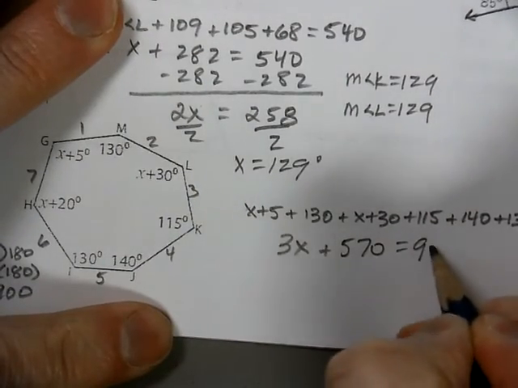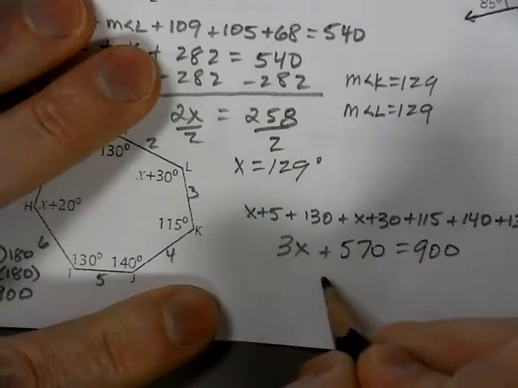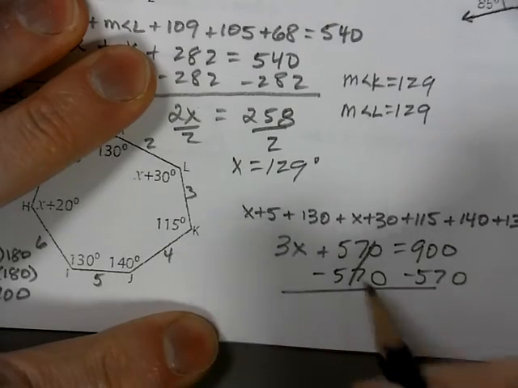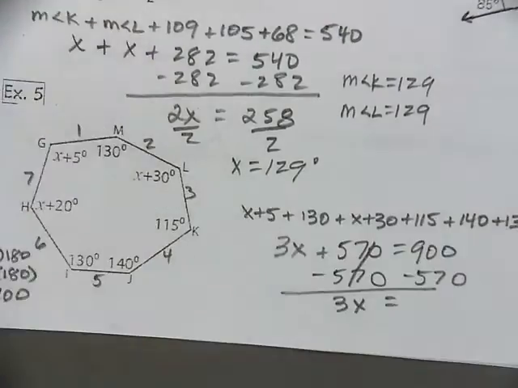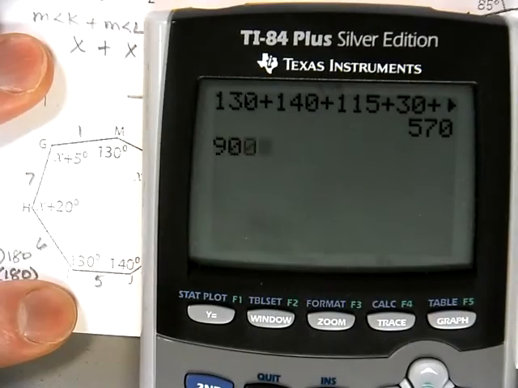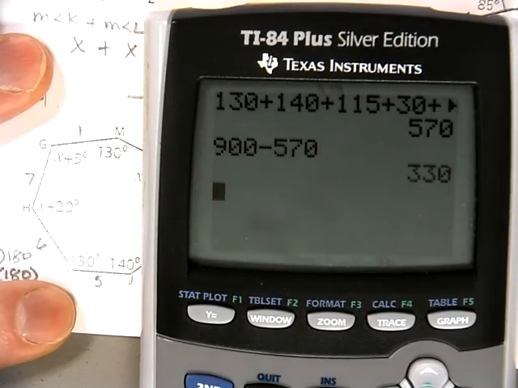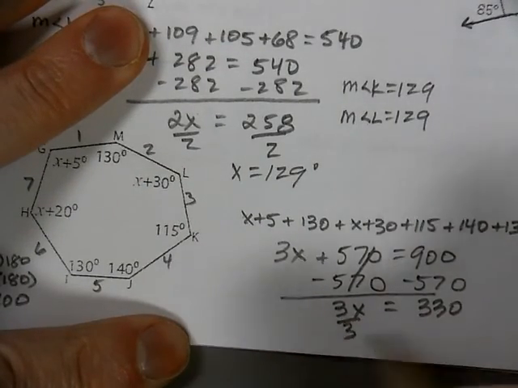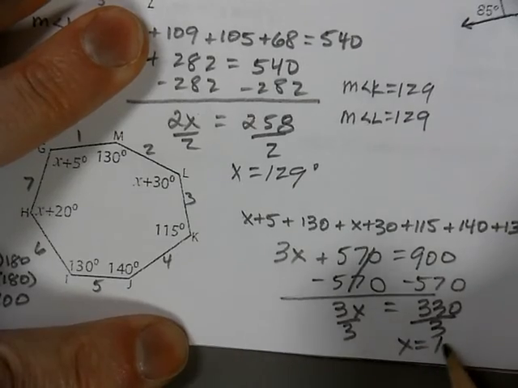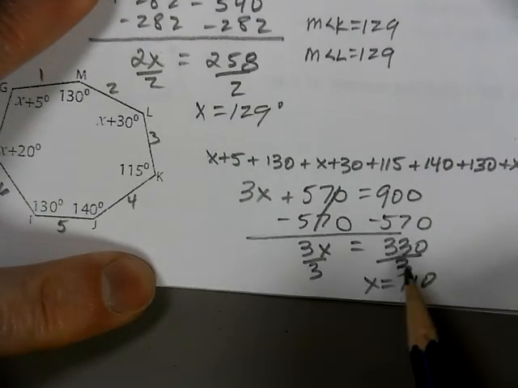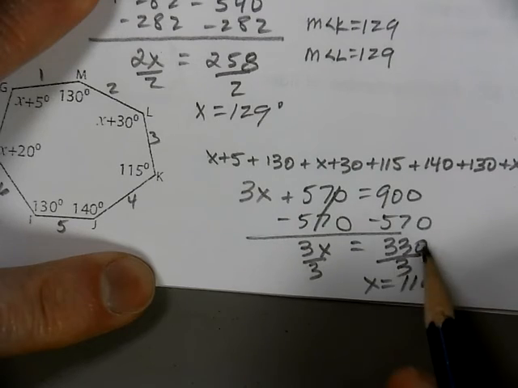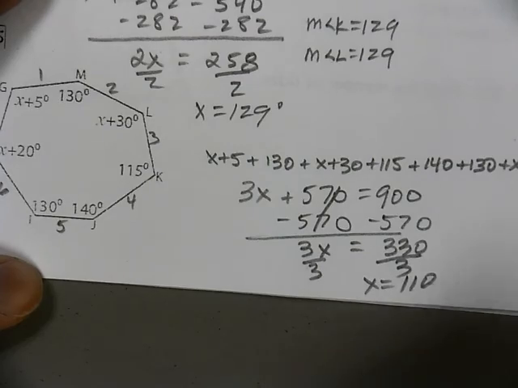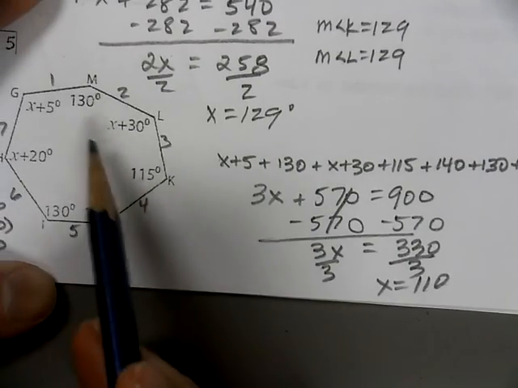Now we have collected all our like terms. So we're going to subtract the 570. We can take 900 and subtract our 570. We get 330. And by dividing by 3, we get 110. 3 goes into 3 once, 3 goes into 3 once, and 3 never goes into 0. So you get 110. So that would be the value of x for this problem.